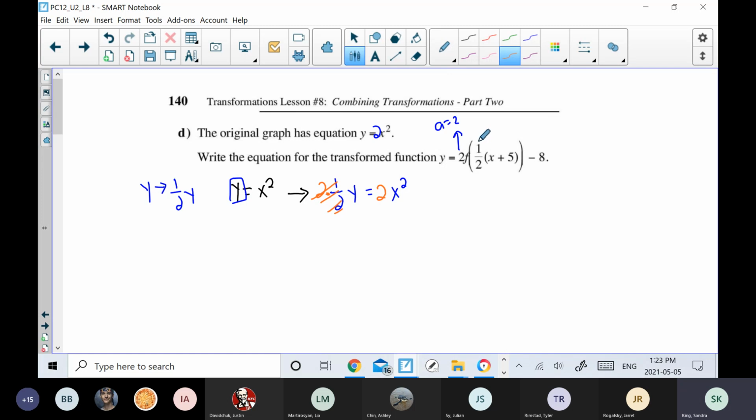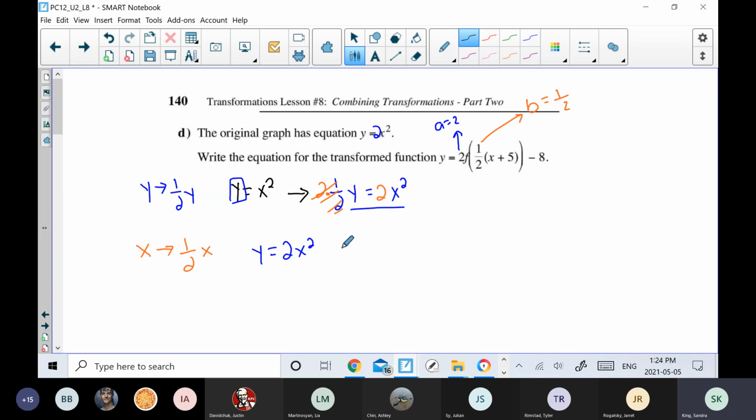Now let's do our B parameter. So our B parameter is 1/2. This is an X replacement. The replacement for B is X is replaced with 1/2 X. So take your equation, Y is equal to 2x squared.